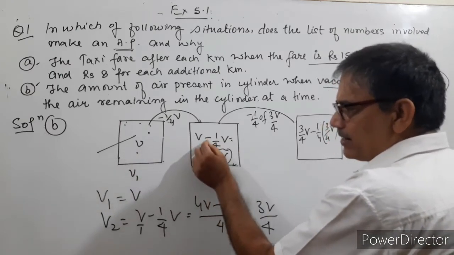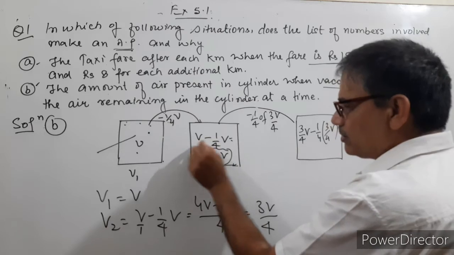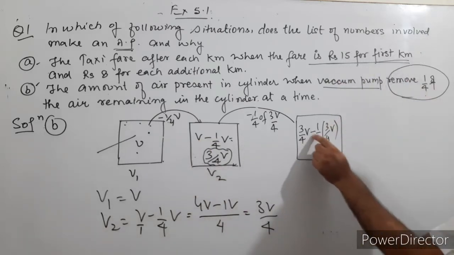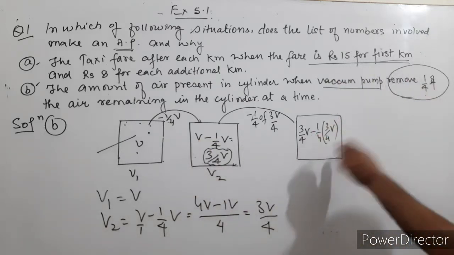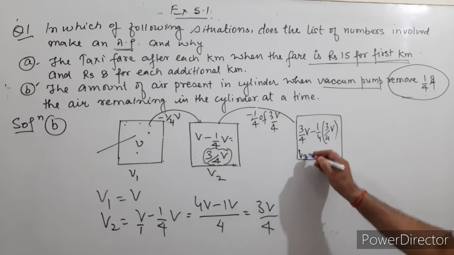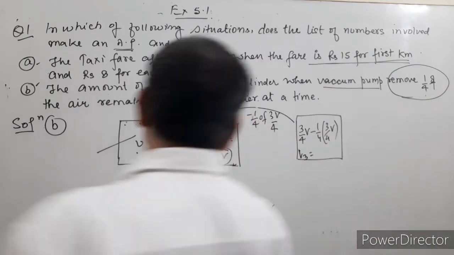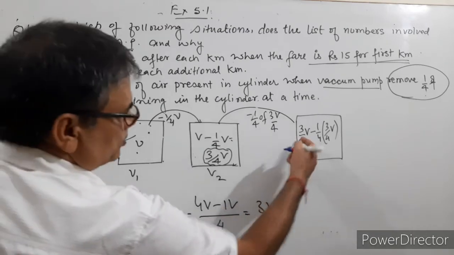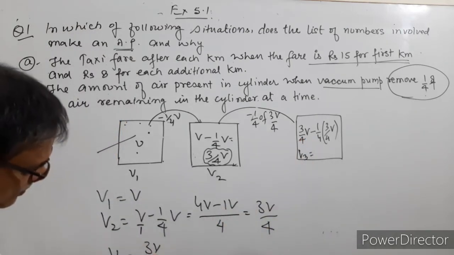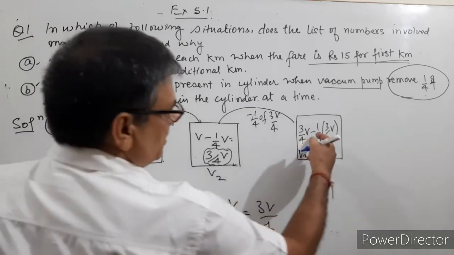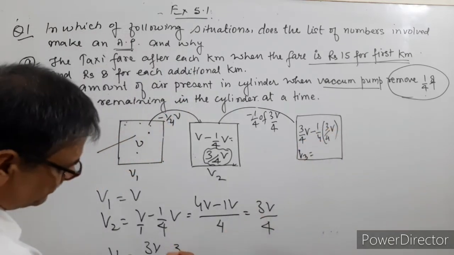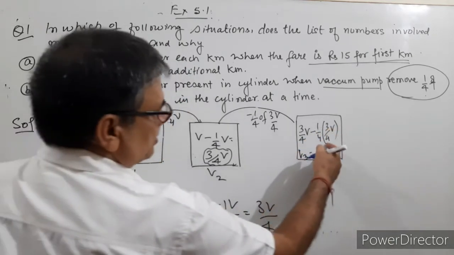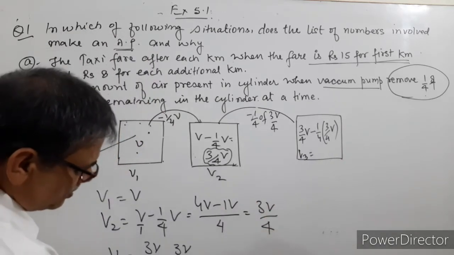V minus 1/4 of remaining, 1 minus 1/4 is taken out. Then this is the V3. And now what is V3? V3 is equal to 3V upon 4 minus 3 V upon 16.